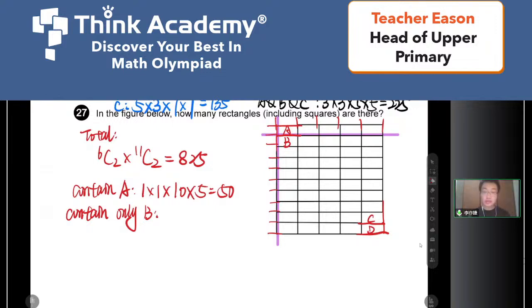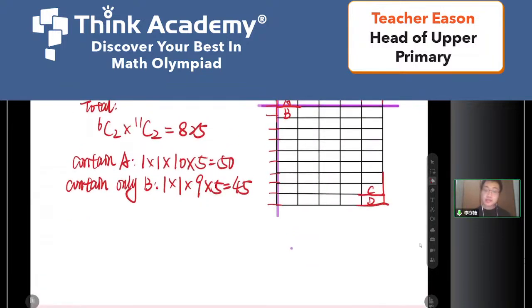Then we can avoid those containing both A and B, because those containing A we have already calculated. So now top and left are determined. For the bottom, we have 9 choices. For the right, we have 5. So we have 45 that contain only B.